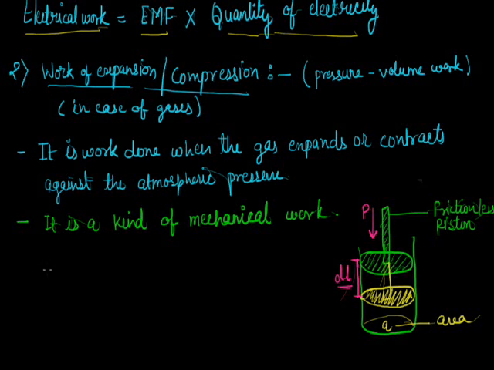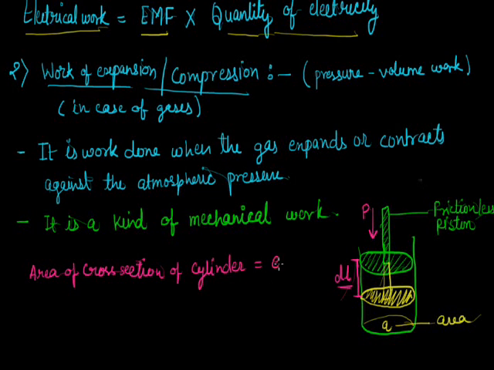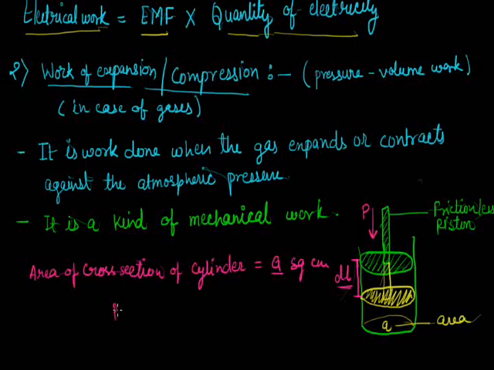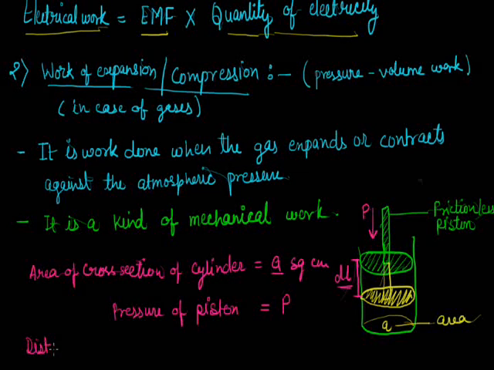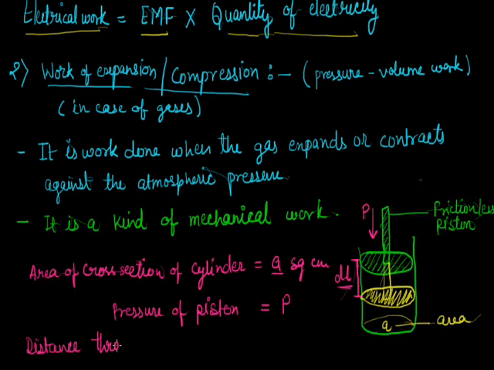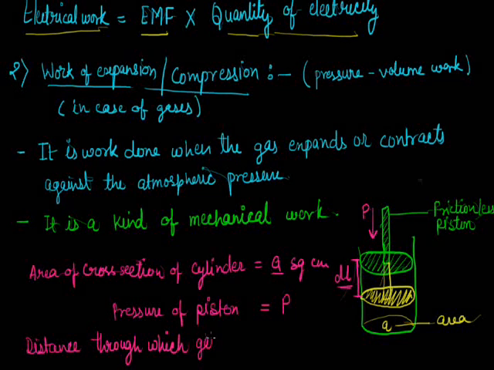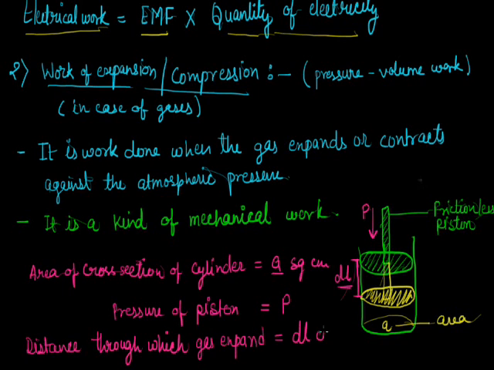Here we can say that the area of cross section of the cylinder or jar is A square centimeter. Pressure on the piston is P, and the distance through which the gas expands is dl centimeter.